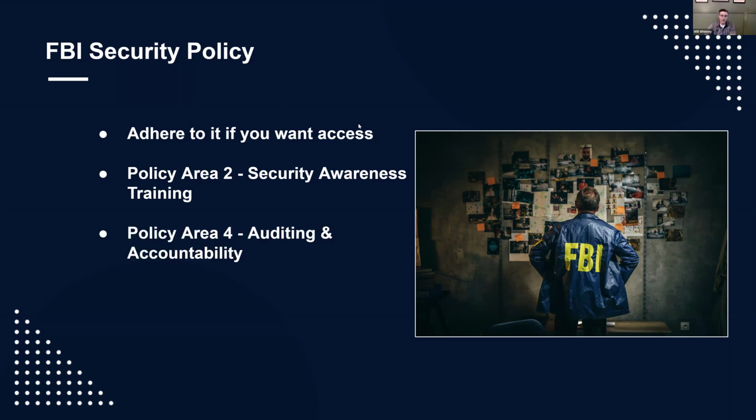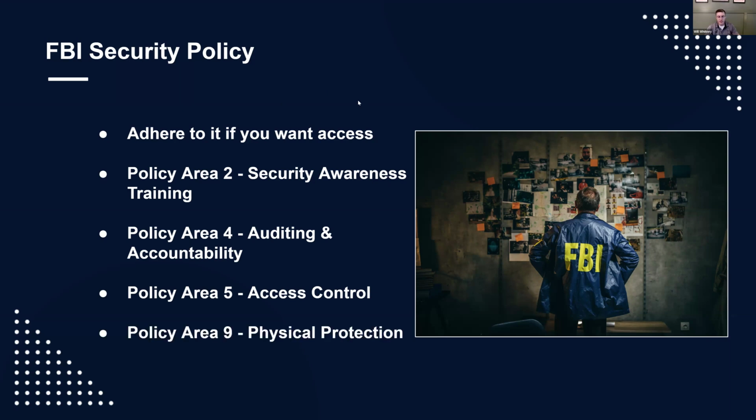Area 4, auditing and accountability: how you have to audit your processes and how data is transmitted. You have to audit that accountability. Access control: physical access, digital access, how people get to these records and how it's set up. Physical protection: how the data is protected if it is CJI. Personnel security. I just picked out a few of them so you can see a general idea of what these policy areas are covering. Each one of those has to be adhered to.